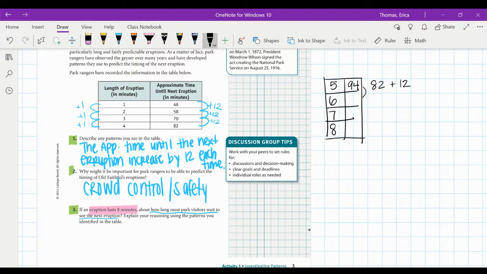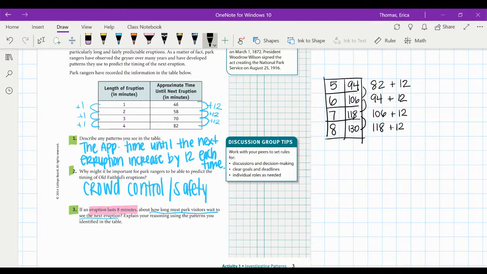And then I'm going to continue. 94 plus 12 gives us 106. 106 plus 12 gives us 118. And then the last time for our answer, 118 plus 12 is going to give us 130.